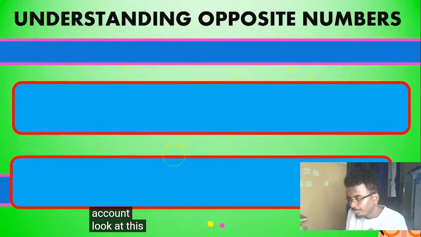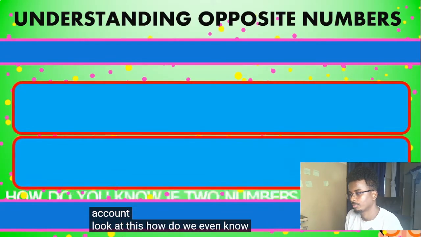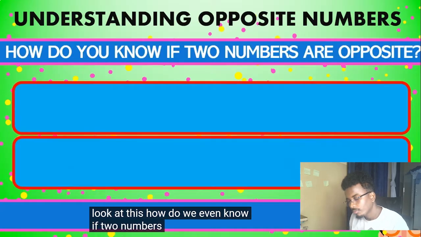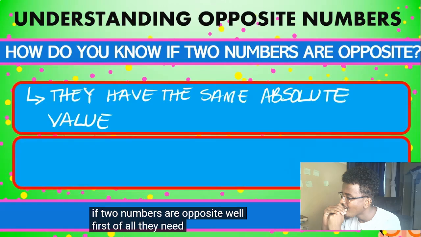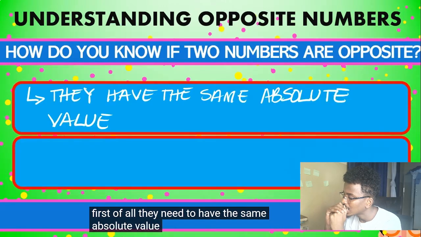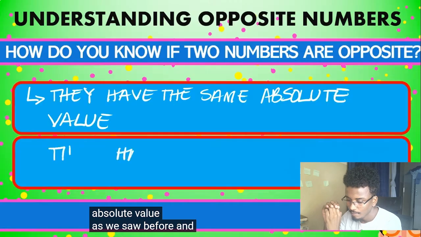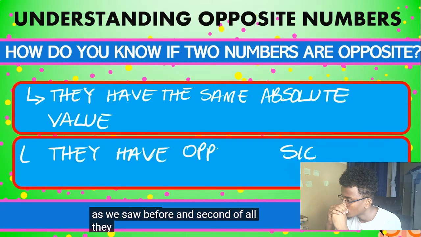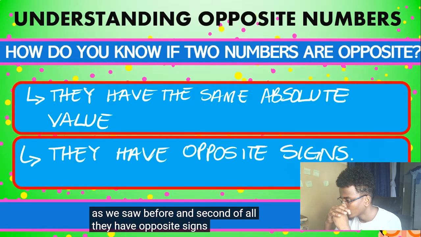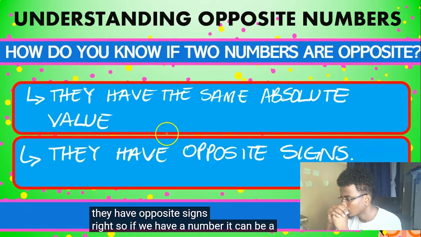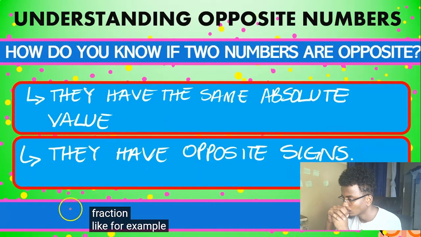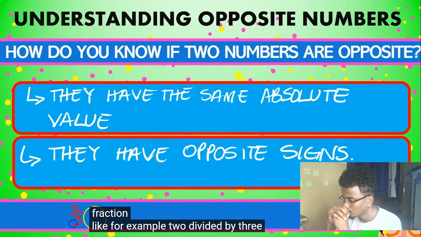Let's look at this. How do we even know if two numbers are opposite? Well, first of all, they need to have the same absolute value, as we saw before. And second of all, they have opposite signs, right? So if we have a number, it can be a fraction, like for example, 2 divided by 3.